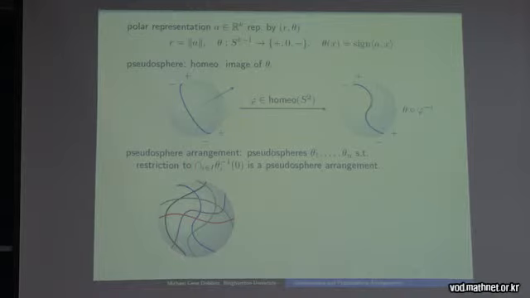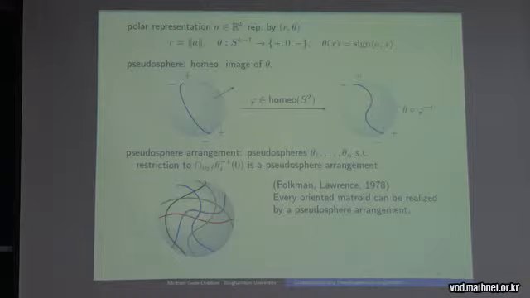And if you have some third pseudosphere like this purple one, the 0 set of this purple pseudocircle should separate the 2 points where the red and the blue intersect. So a theorem of Folkman and Lawrence says that every oriented matroid can be realized by a pseudosphere arrangement.